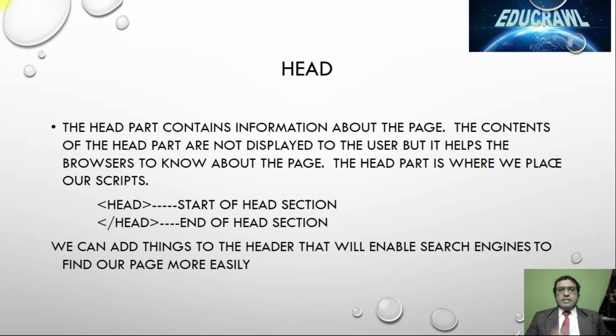Now let us see what is a head. The head part contains information about the page. The contents of the head part are not displayed to the user, but it helps the browsers to know about the page.